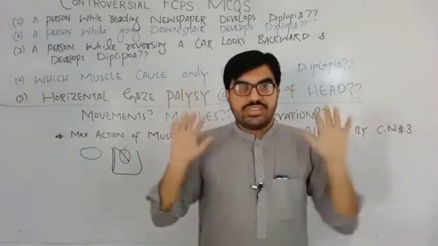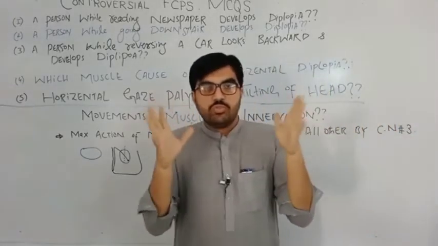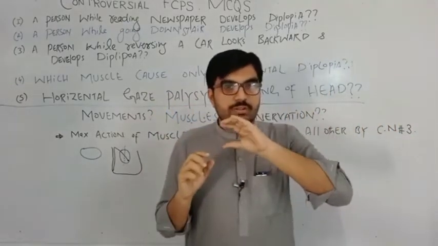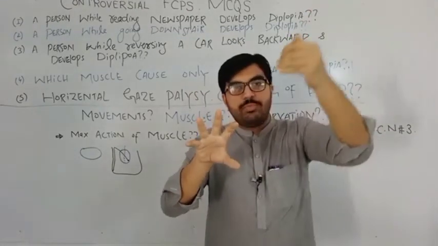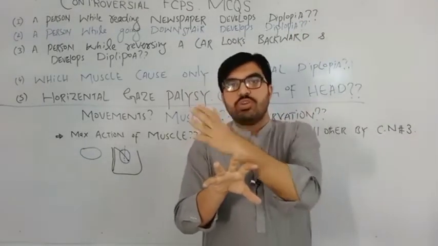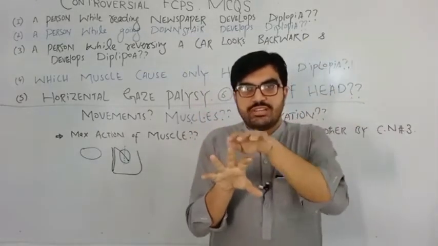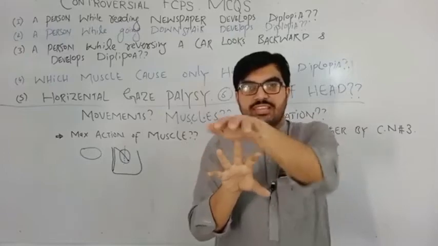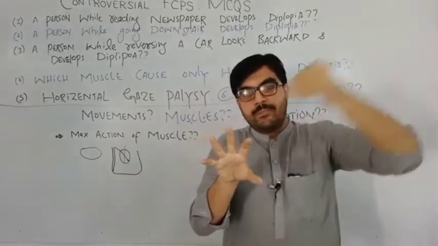Now we will study the superior oblique. Superior oblique moves from the orbit, goes toward the trochlea, and then it comes back and is attached to the eyeball in the superior posterior portion. Now the axis of the eyeball is like this, while the axis of superior oblique is like this.